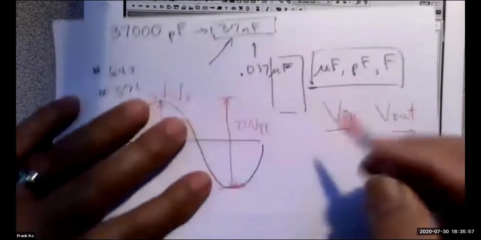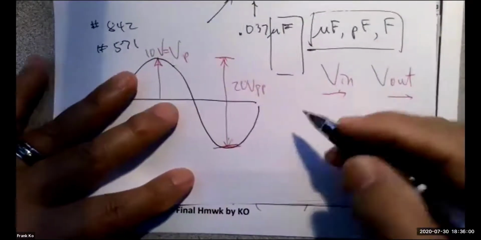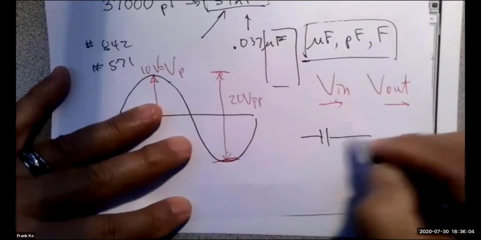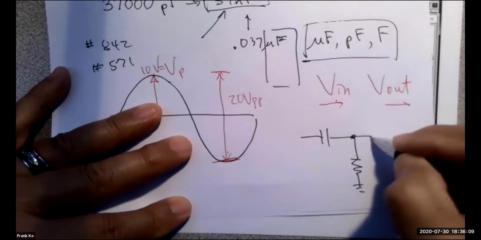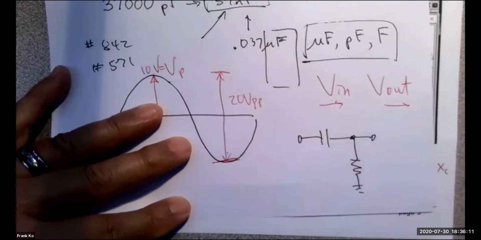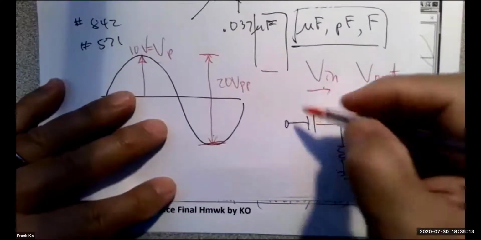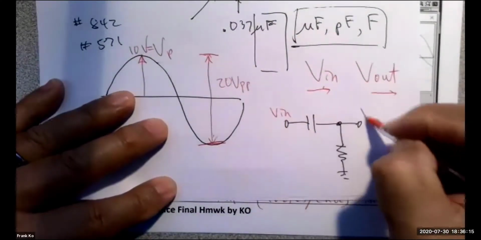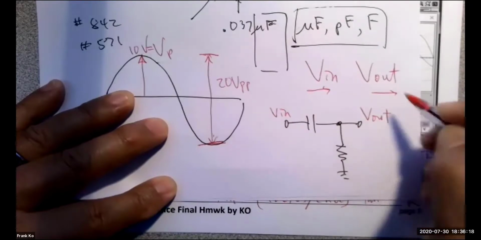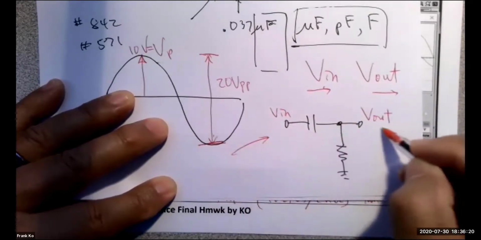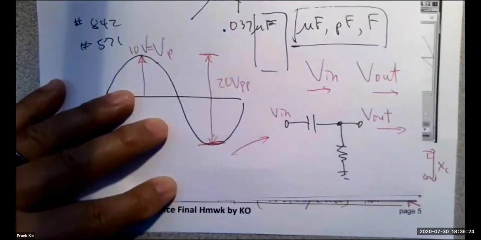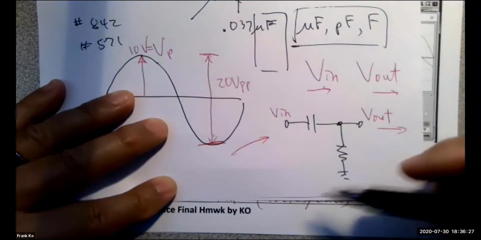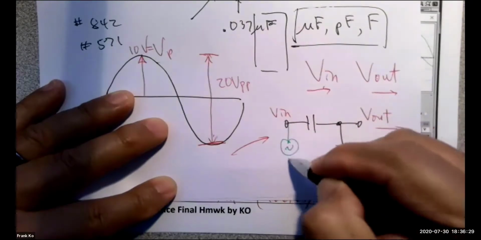So if I draw the circuit for you, the capacitor is on top and the resistor is here, a resistor to ground. As the circuit's drawn this way, this would be your V in, and this is your V out. In is always what comes in on the left, output is always what comes out on the right. What we're attaching on the input on the left is an AC signal source.